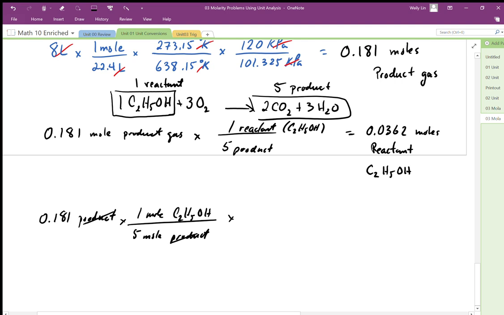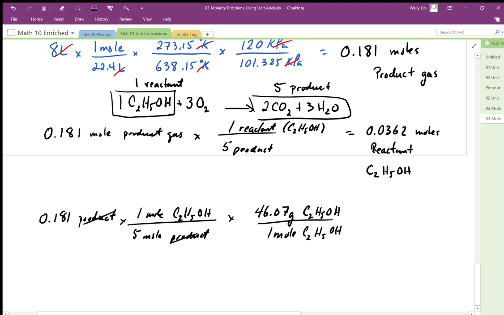The molar mass of ethanol works out to be 46.07 grams of C2H5OH for 1 mole of C2H5OH.